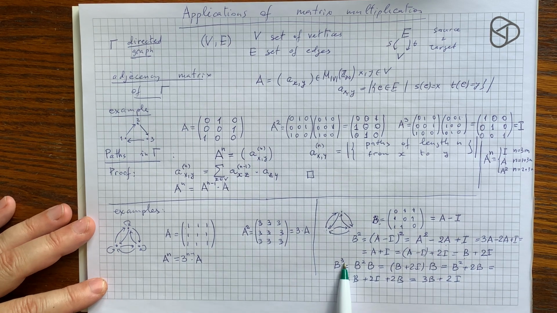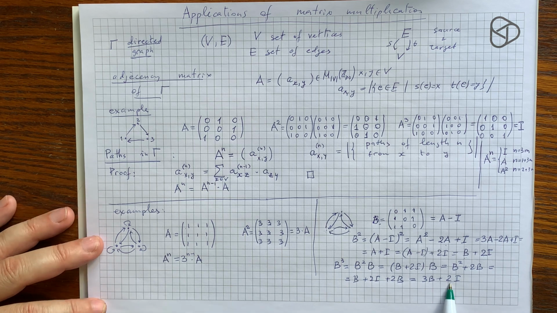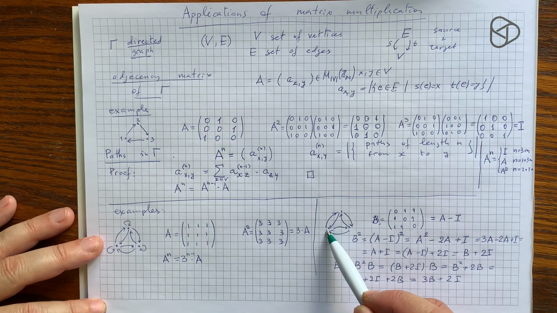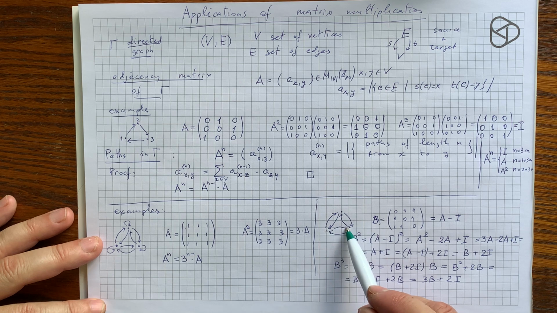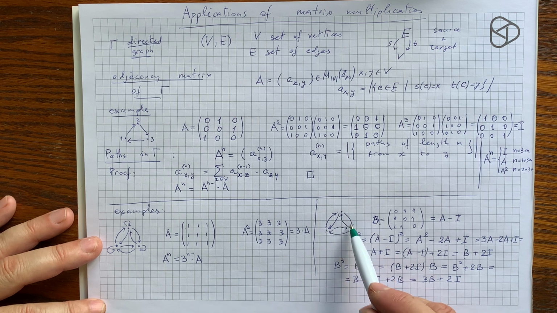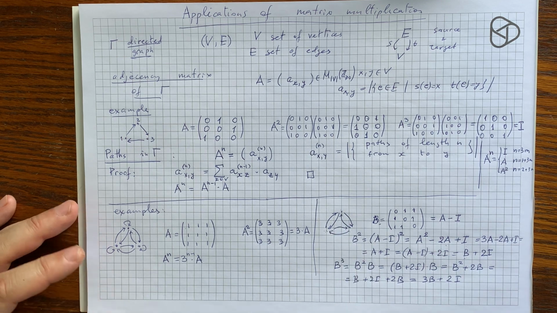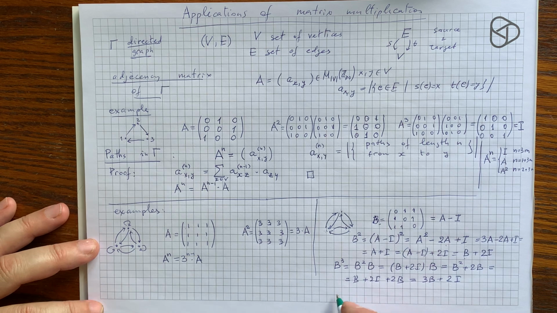So paths of length 3 between different vertices will be counted by 3, but self paths will still be doubled. So the path of length 3 starting at this vertex and ending at this vertex will only be possible by doing this, and that, and this, and that. But if we look at 2 different vertices, we have 3 connections. We'll leave it to you to see what they are.